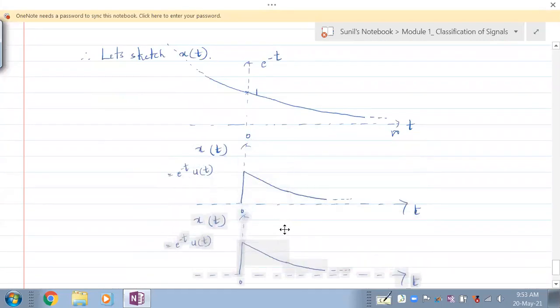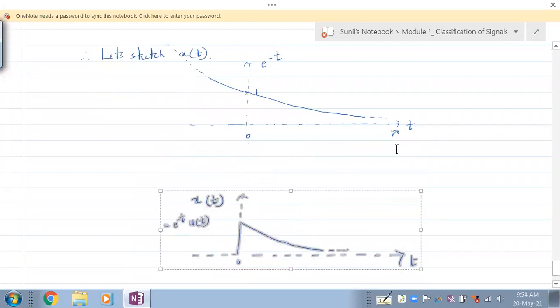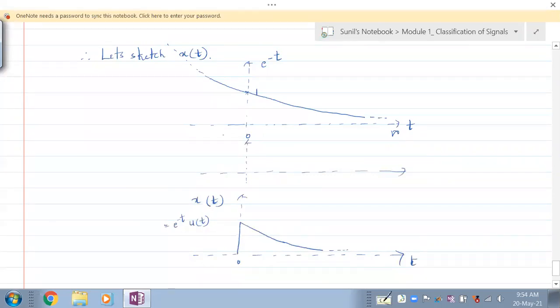Let's drag it down, and here let's have the signal u of t also, so that you will have clarity regarding what we're doing. u of t is this, which is 1 from 0 to infinity. So if you multiply the signal e power minus t by u of t, this is what you're going to get. Understand that?